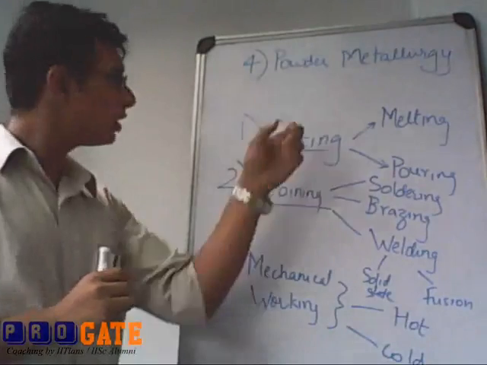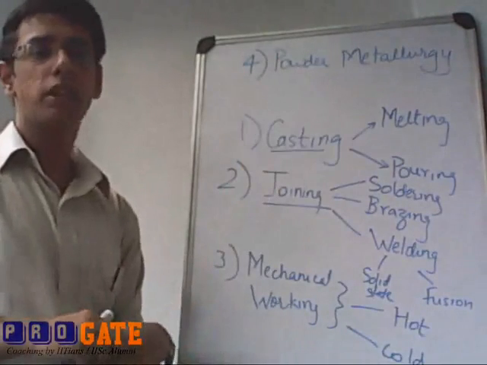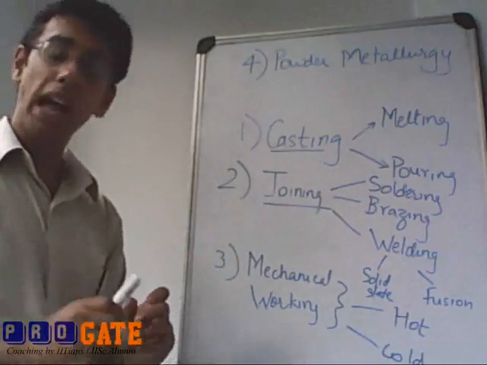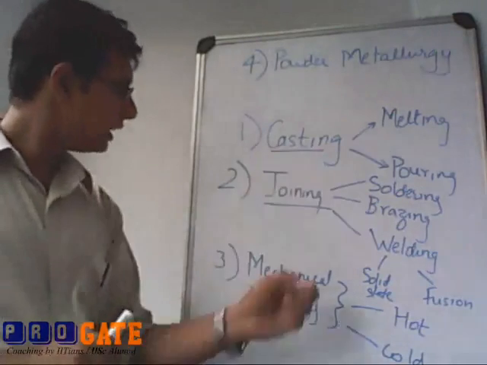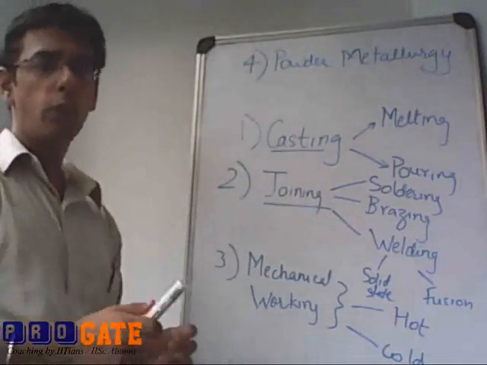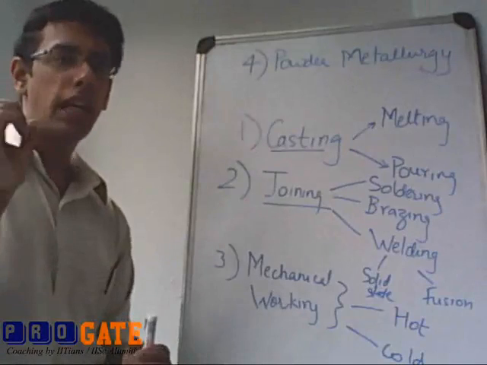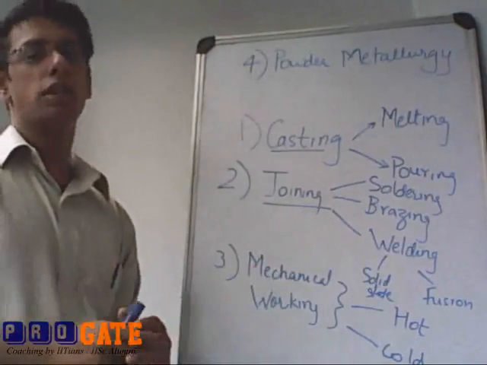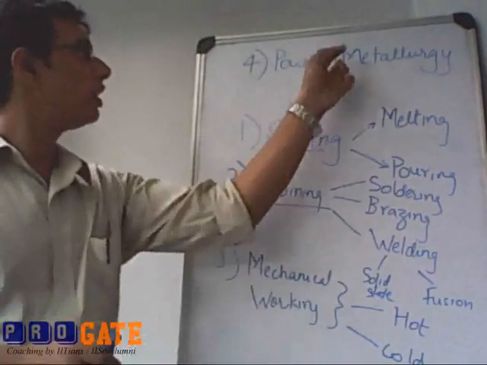Why ceramic components using powder metallurgy? Simply because ceramics are very high melting materials, and heating them up or melting them into liquid form is not really possible. So what we need to do is make small little tiny pieces of the material called powders, and those powders we need to process using powder metallurgy techniques.